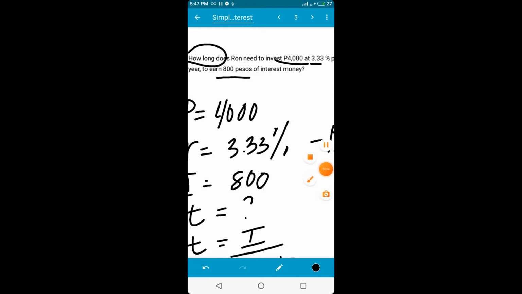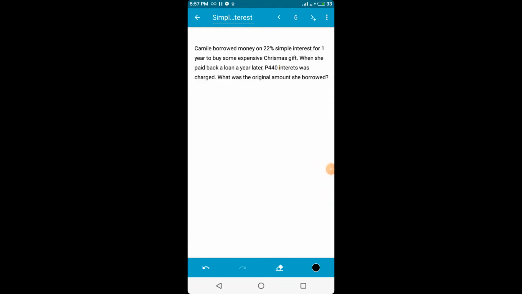Okay? Next, Camille borrowed money on 22% simple interest for 1 year to buy some expensive Christmas gift. When she paid back the loan a year later, 440 pesos interest was charged. What was the original amount she borrowed? Okay, so what we are looking for is the original amount. That means the principal is the missing one.